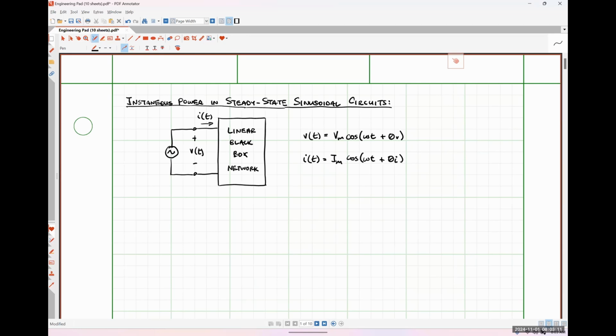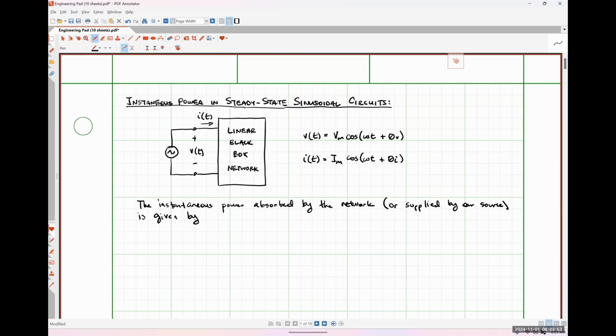We can define the instantaneous power absorbed by our network, and I'm going to put or supplied by our source because those are going to be the same quantity, is given by the following expression.